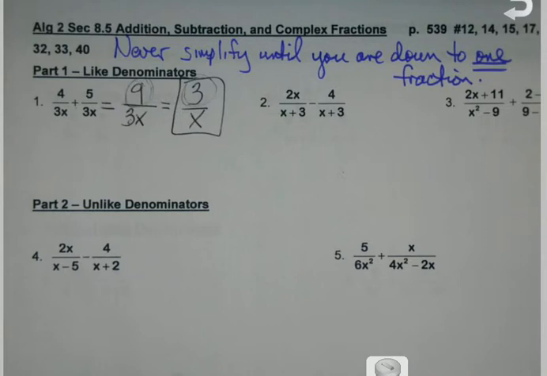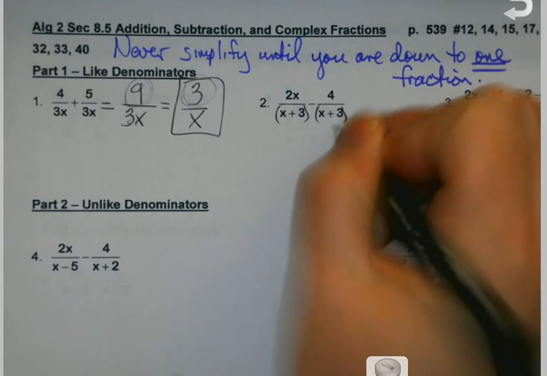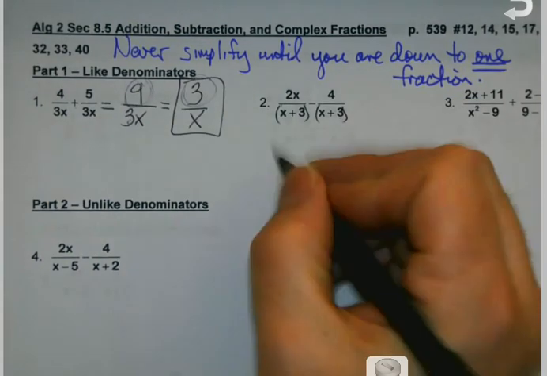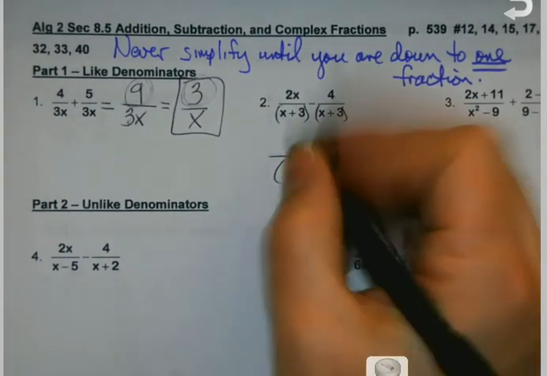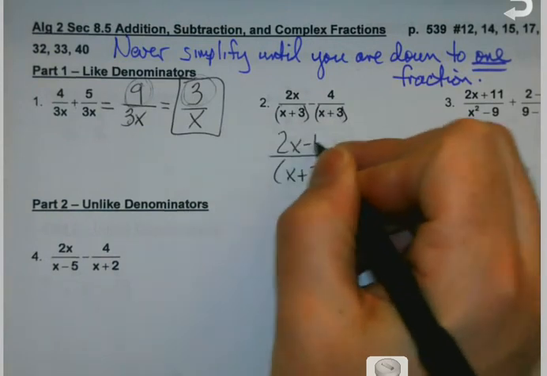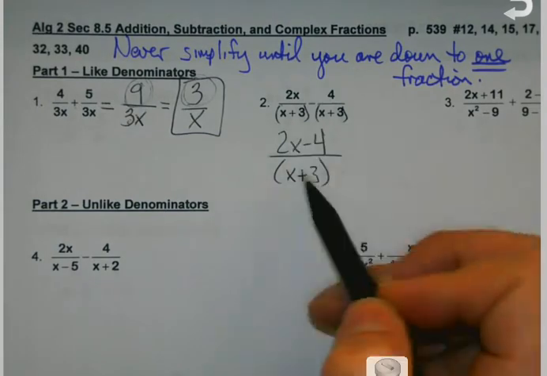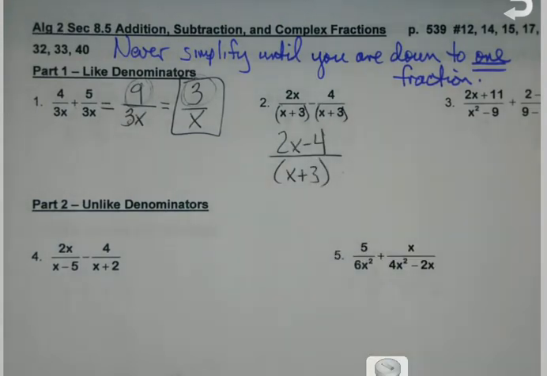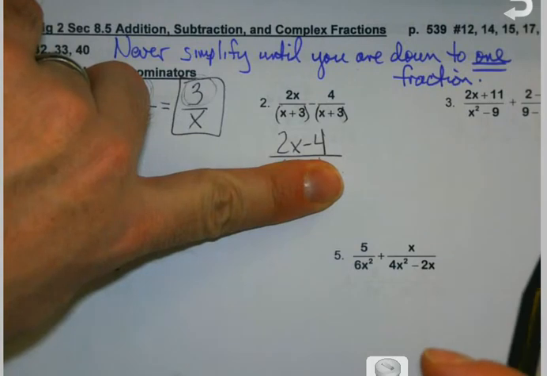So the nice thing, though, again, about like denominators, put my parentheses in, I see my pluses there. You're like, okay, well, they're the same, that's good. 2x minus 4, okay. Now here's one suggestion I'm going to make. I notice, okay, well, these aren't the same, but could I factor something up in the numerator?